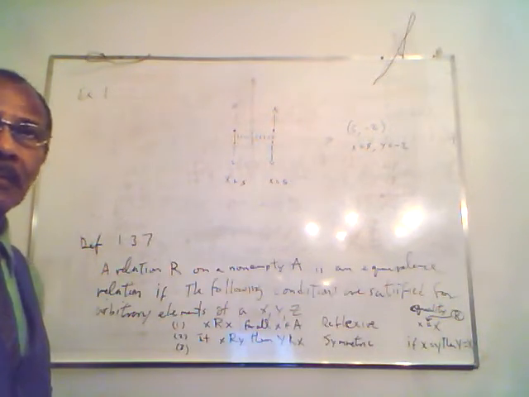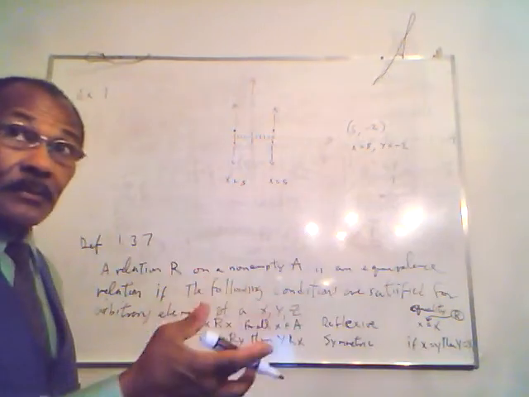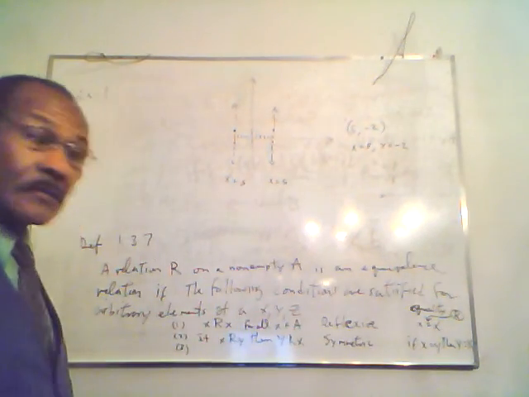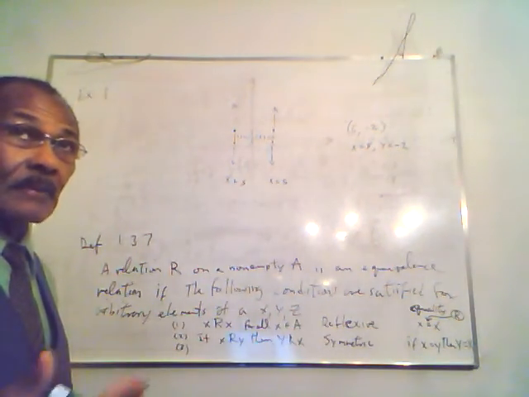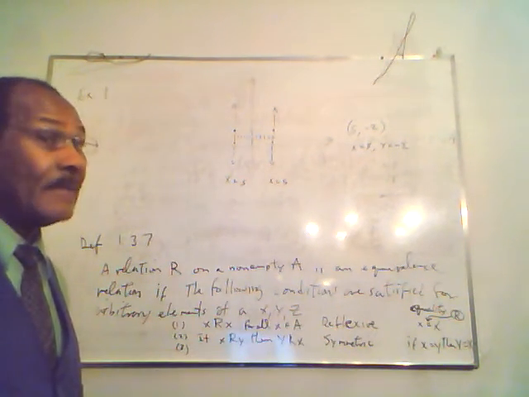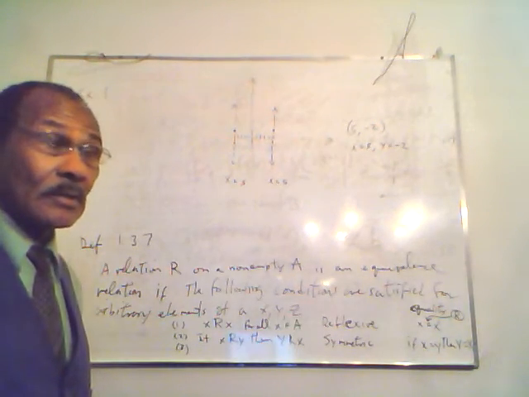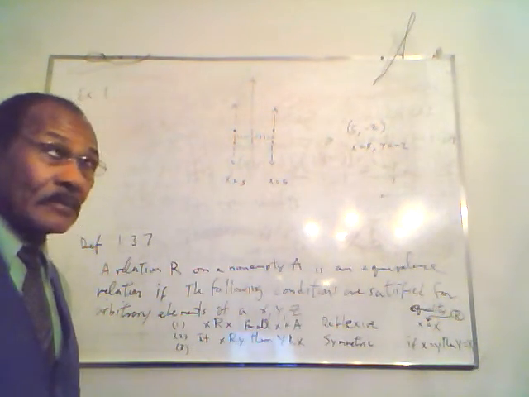The symmetric property of equality is equals, but for an equivalence relation, you can have an abstract relation. It doesn't have to be equality. So that's what we're saying in abstract algebra. Things are more abstract.